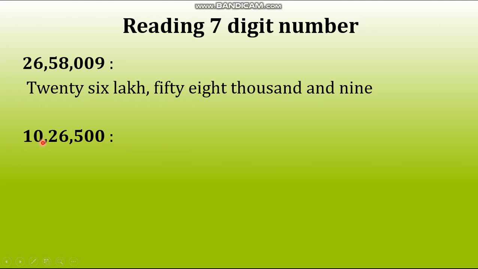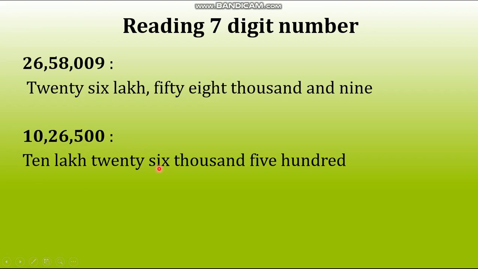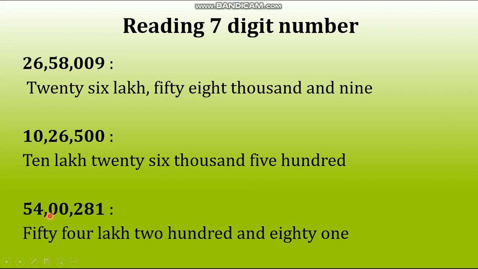Second one, here this is 10 lakh 26,500. Let us see one more example. This is 54 lakh, as in both places 0 is there, skip it, and then 281. In this way we read the 7-digit numbers.